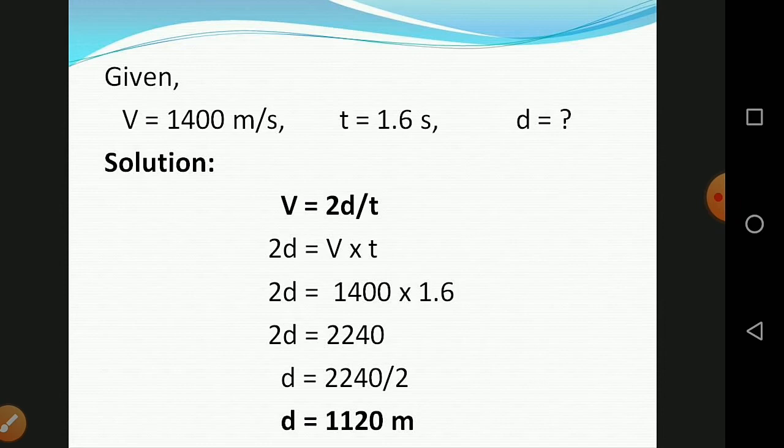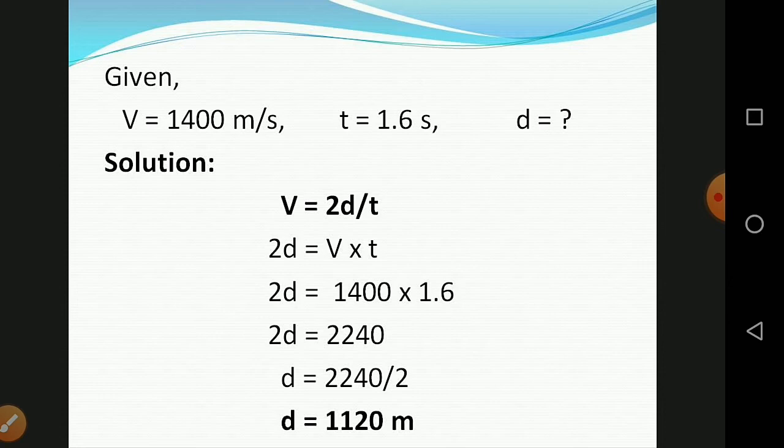We substitute the values in this formula. 2D is equal to the velocity 1400 into time 1.6 seconds. If you multiply the two values, 1400 into 1.6, 2D is equal to 2240.